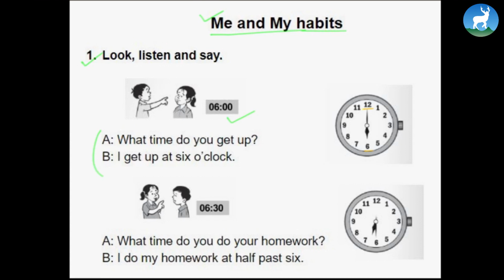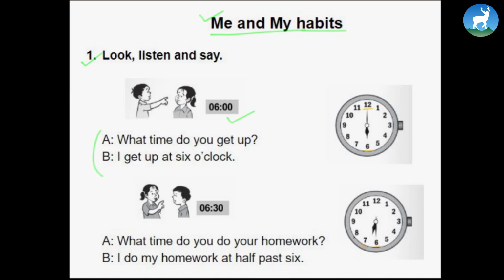All right. Let's look at the second clock. The hour hand seems to be pointing somewhere between the number 6 and 7, whereas the minute hand is pointing towards the number 6 quite directly. So it's 6:30, as you can see, because the hour hand is somewhere between 6 and 7, and the minute hand is pointing towards number 6.